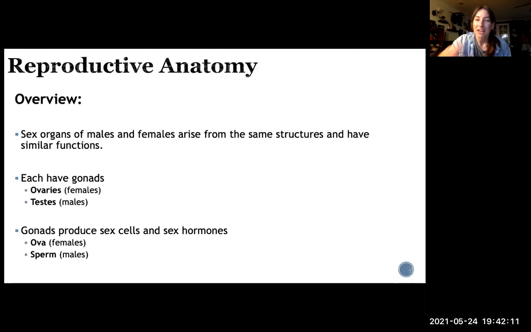Okay, so as far as the reproductive system of humans goes, we have some important things to keep in mind before we dive into the details. Sex organs of both biological males and females arise from the same structures and have similar functions. We refer to these structures, therefore, as being homologous.